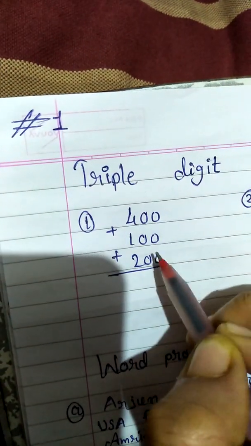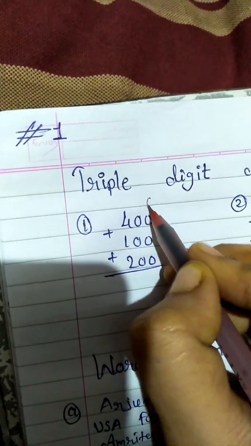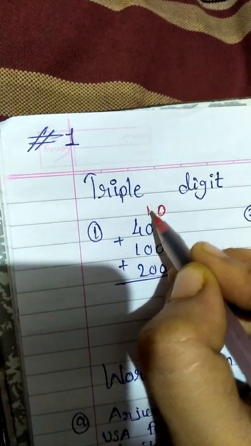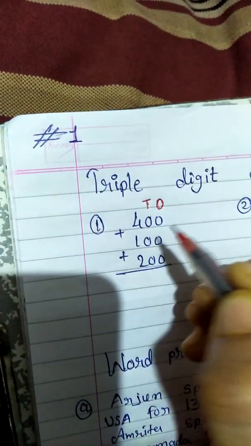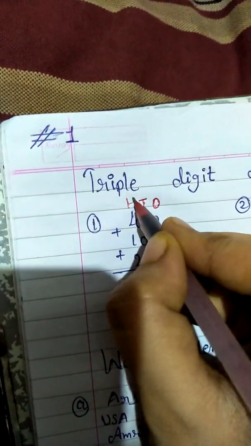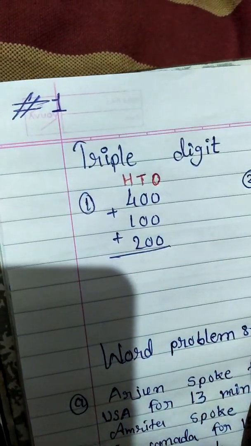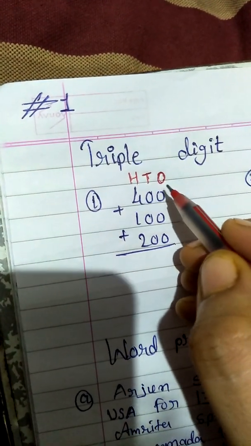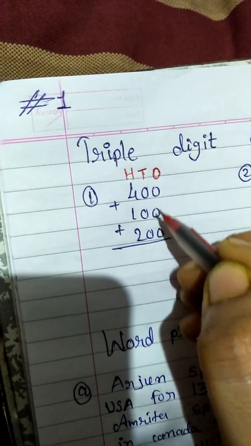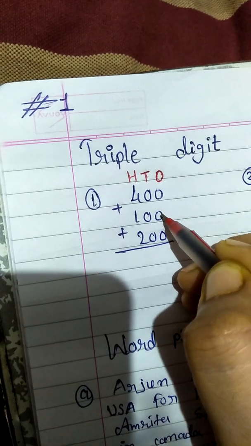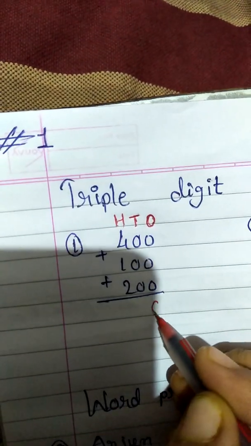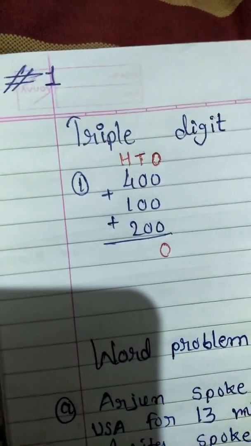So here the first line, as we know, is ones. Next line is tens. And then hundreds. So, as a rule, we are going to add the ones line first. So, 0 plus 0 plus 0, the answer is 0.